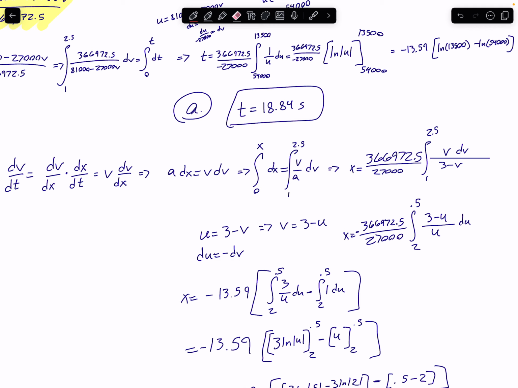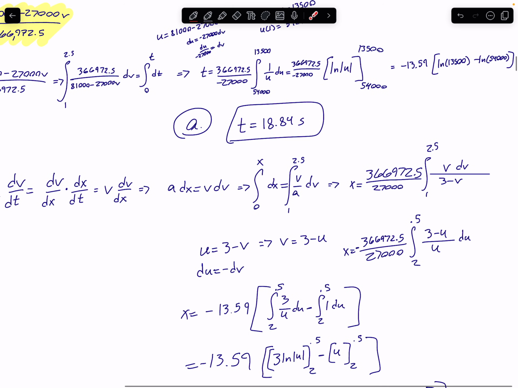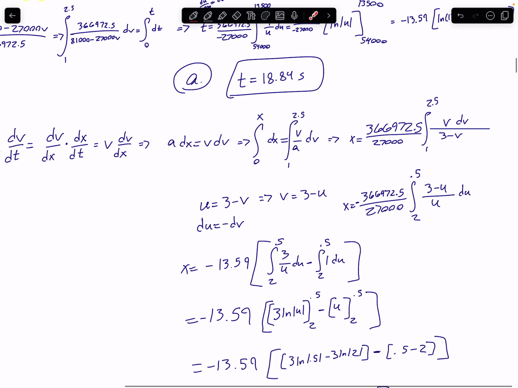And then with dx, we can find 0 to x. That gives us the distance traveled over that time. Doing some calculus again, I did u substitution. u equals 3 minus v, so v equals 3 minus u up top, so we can change the bottom and top limits to these values, and we change those values as well.